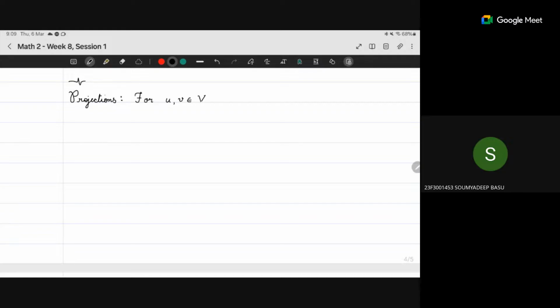So you take any two vectors in a given vector space which has an inner product. In this session we are always working in an inner product space. So you're taking two vectors u and v in an inner product space.